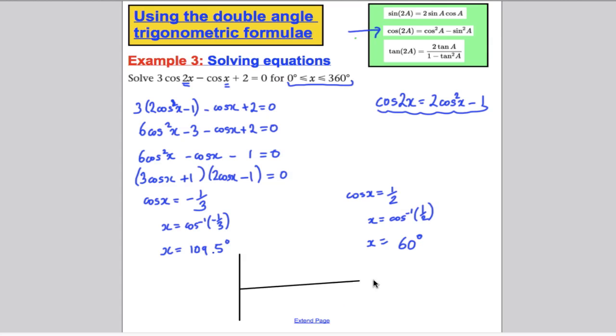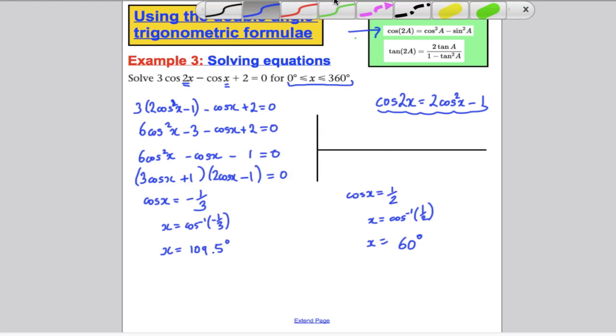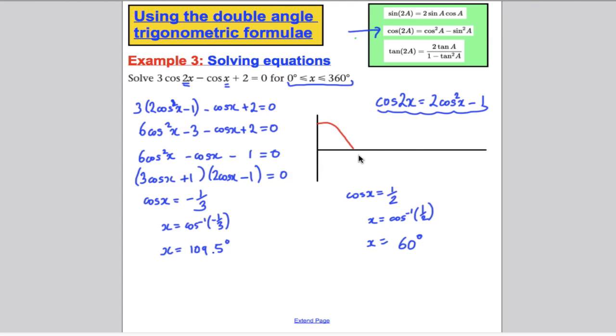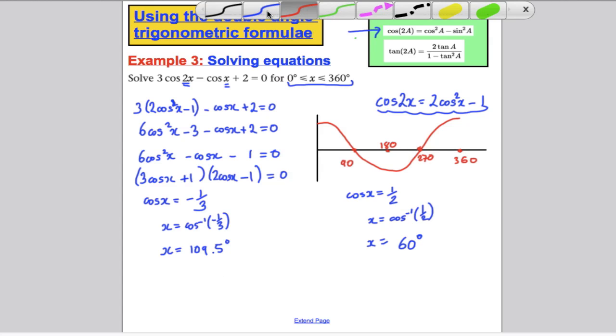So here's my cos graph to help. Let me just actually move that over here so it's not in the way of my future working. The cos graph goes down like this, up like this, like here. That's 90, that's 180, that's 270, and that's 360. And where is 109.5?